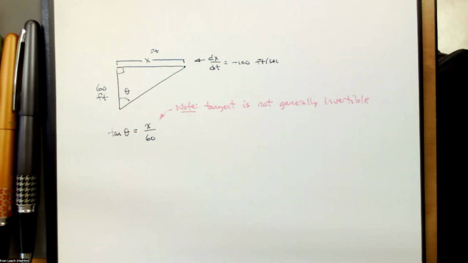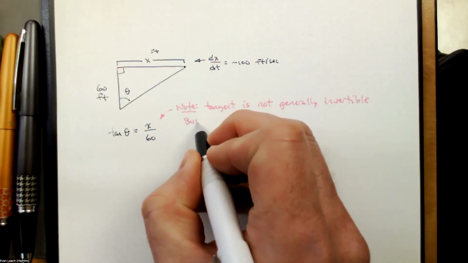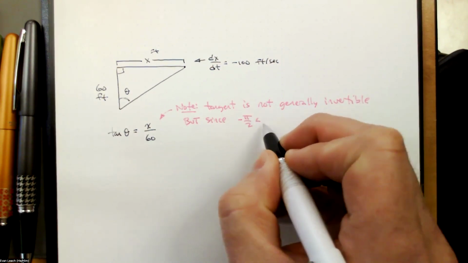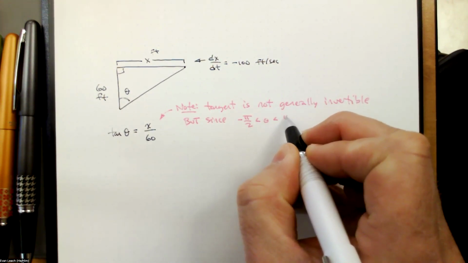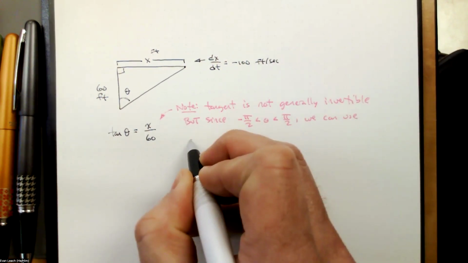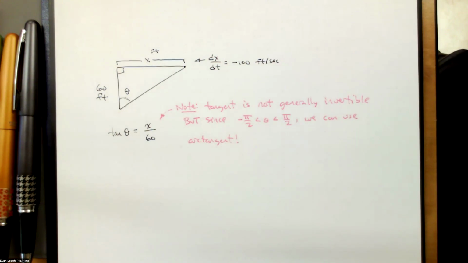But since theta will be between negative pi over 2 and pi over 2, we're fine. If theta is equal to pi over 2, that means that the car is infinitely far away and we're not looking at it anyway.